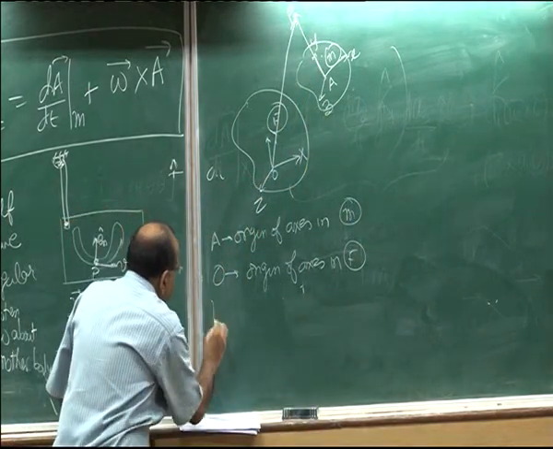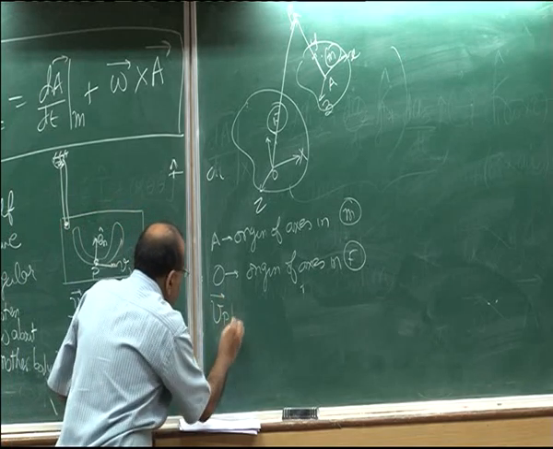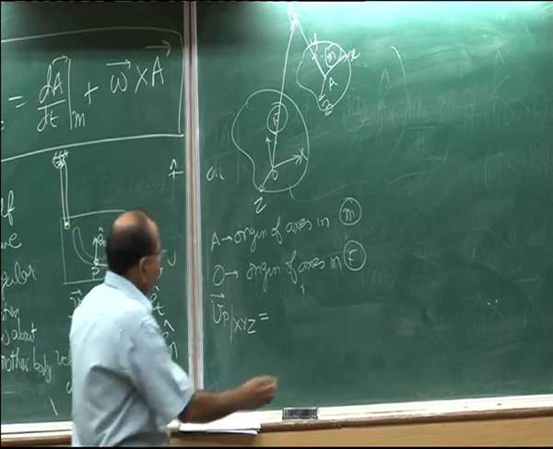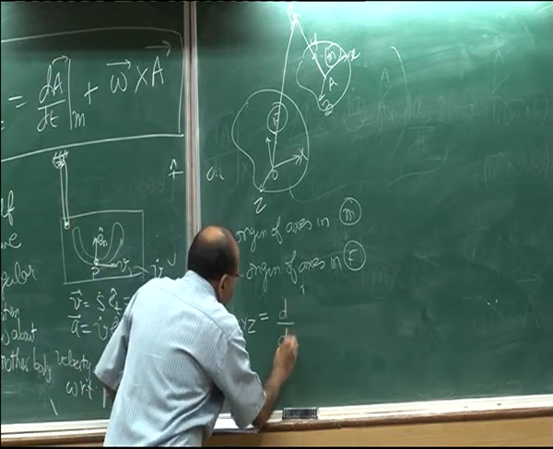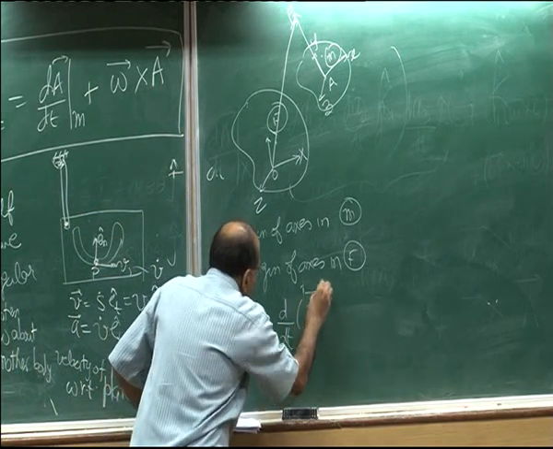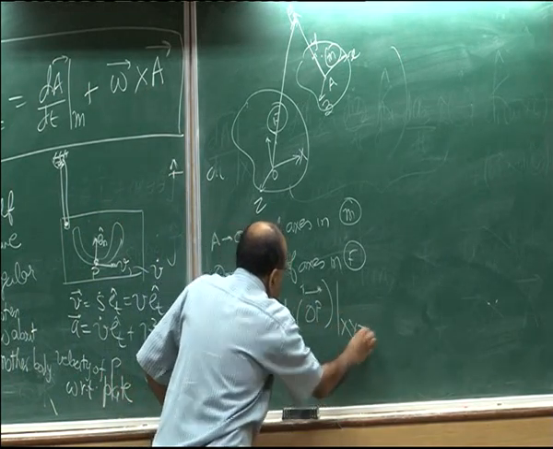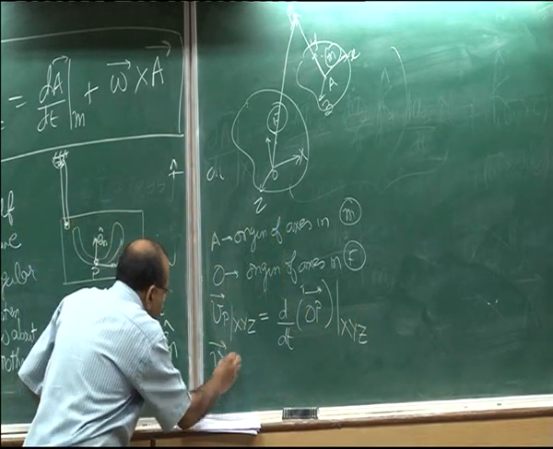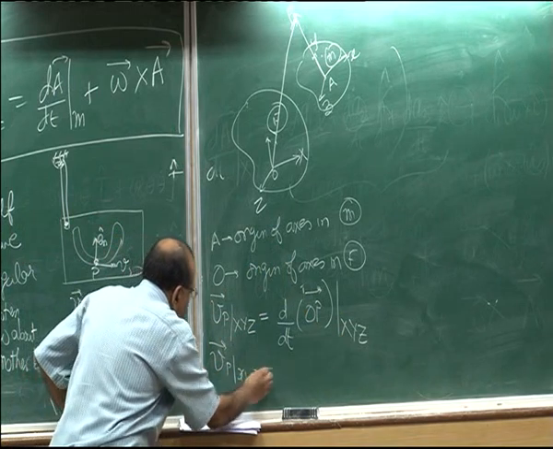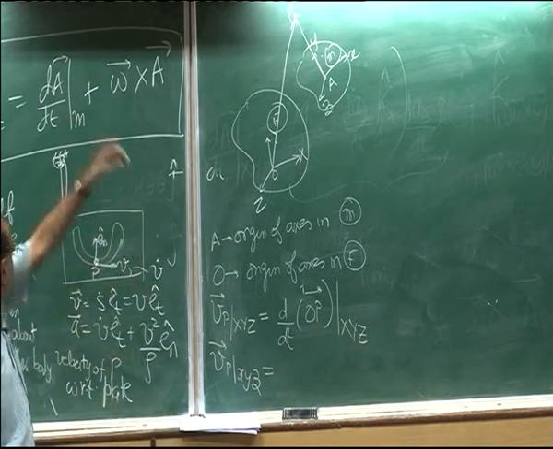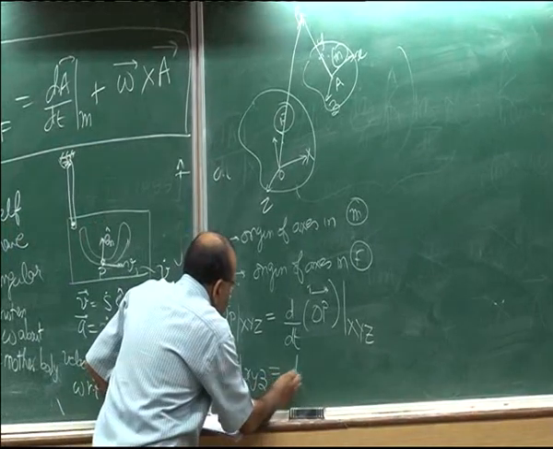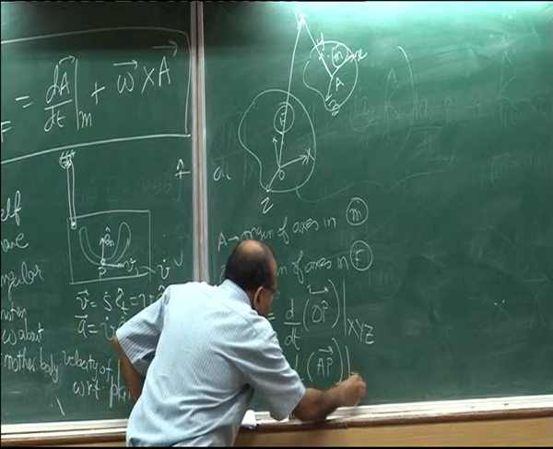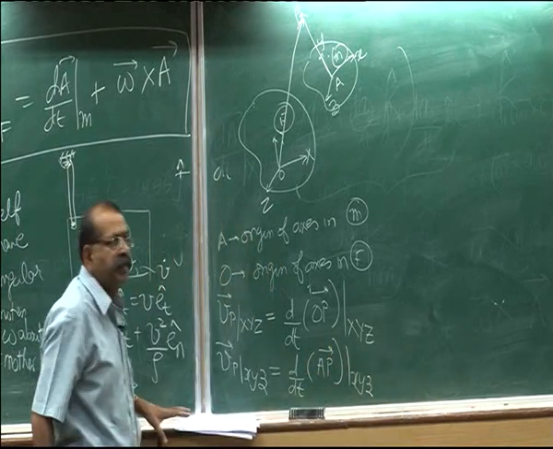Now velocity of P with respect to capital XYZ will be equal to d by dt of OP, and velocity of P with respect to small xyz will be equal to d by dt of AP.